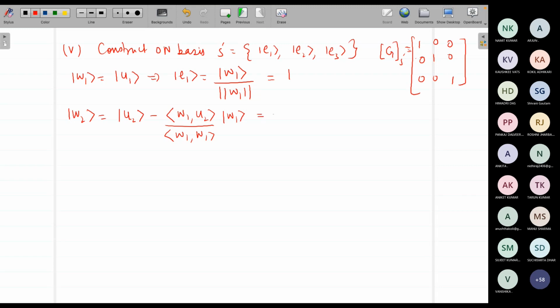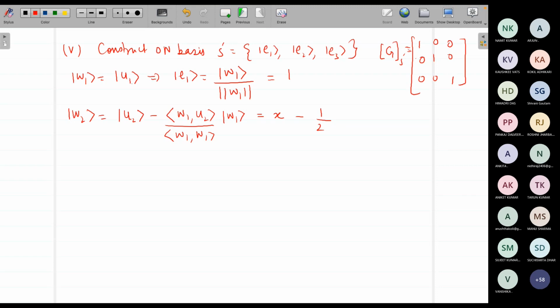So W2 is simple, that is x minus W1, U2, which is nothing but U1 comma U2. Have you already solved that? Yes, sir. It is 1 by 2. And what about W1 comma W1?